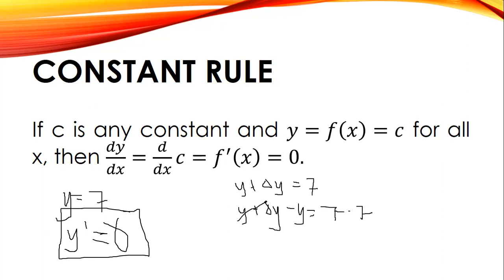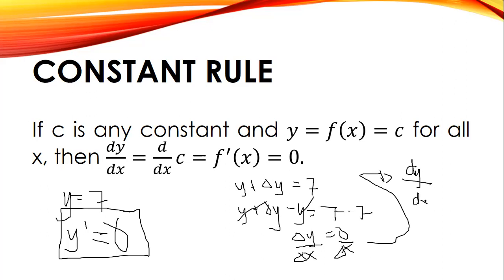So matitira na lang dyan is delta y equals 0. Divide both sides by delta x, then we have dy over dx is equal to 0. Instead of giving this whole solution, we can simply use the constant rule: kapag ang function natin is a constant, then the derivative of that constant is equal to 0.